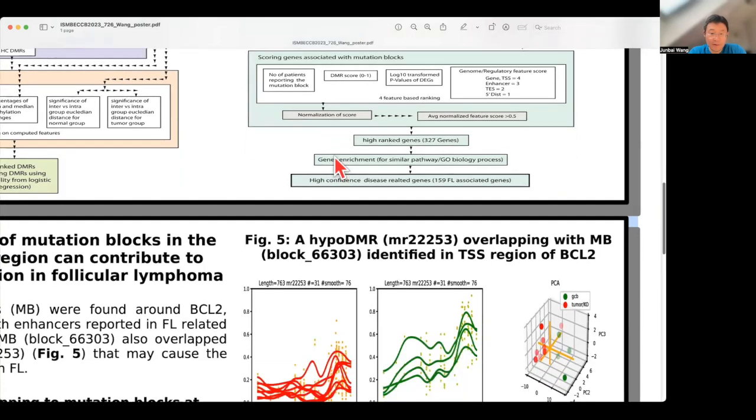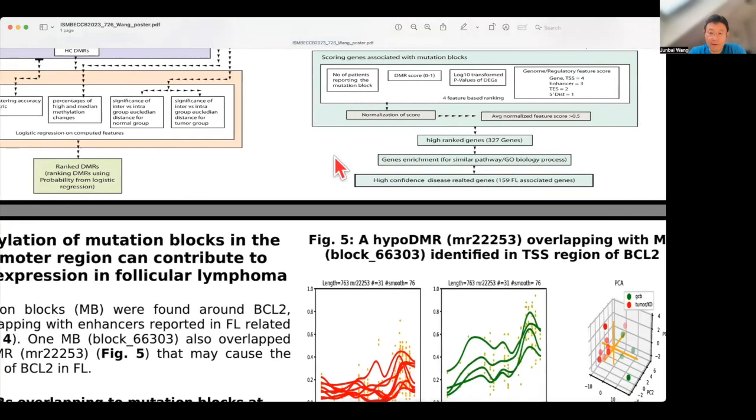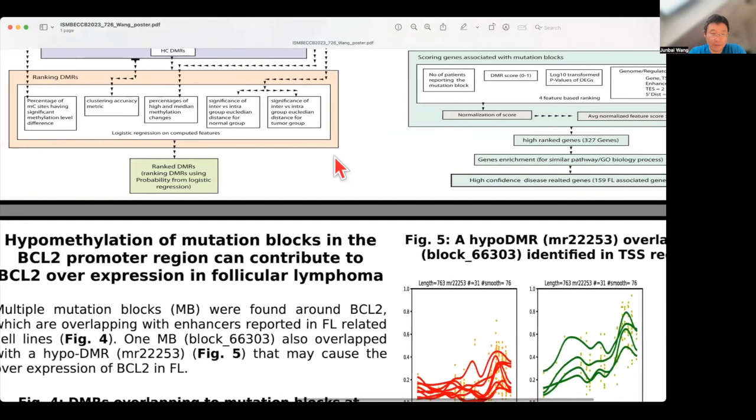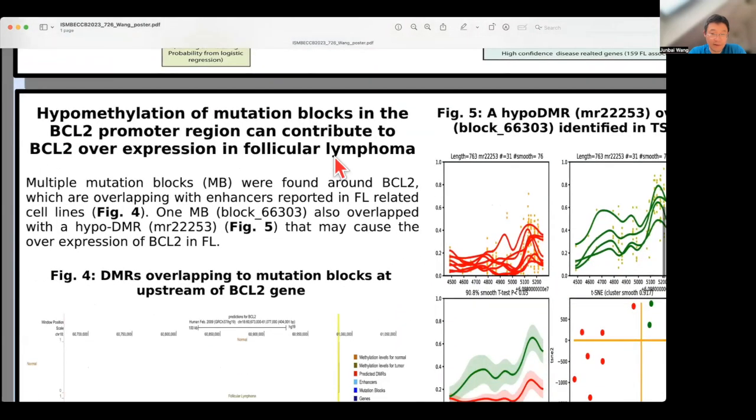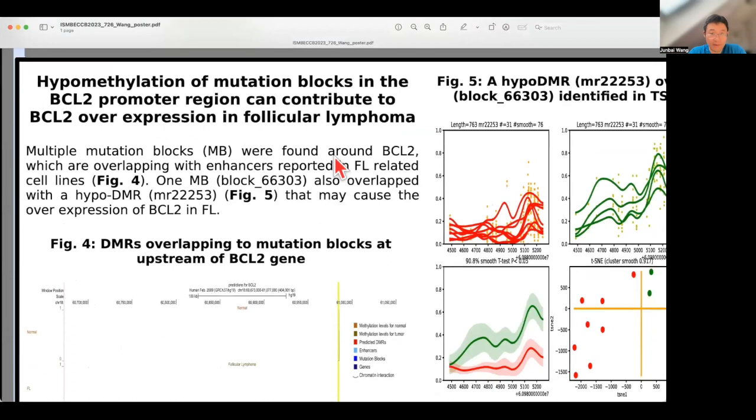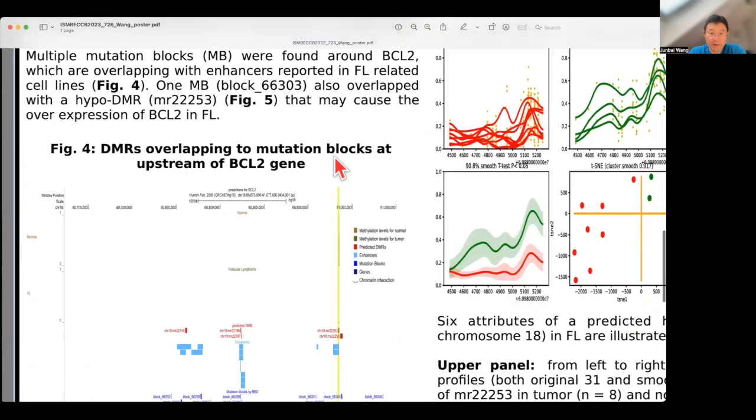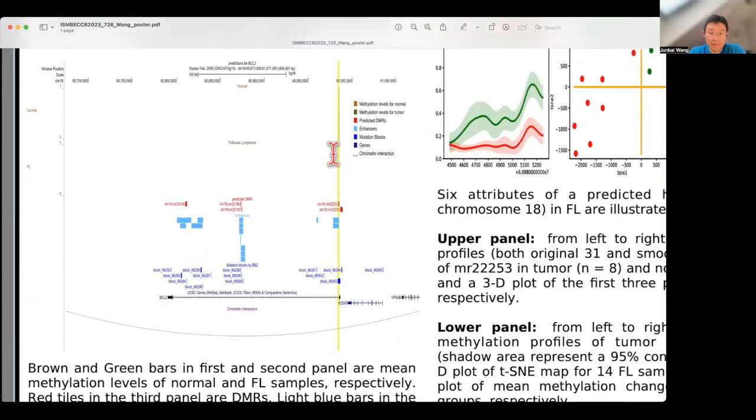And then we can predict top ranked gene-mutation score associations. For example, one example from our prediction, top one, is the BCL2 gene. And here we look at the BCL2 gene in these figures. Red color is the differential mutation block predicted by the current method. Light blue color is the enhancer region from the database.